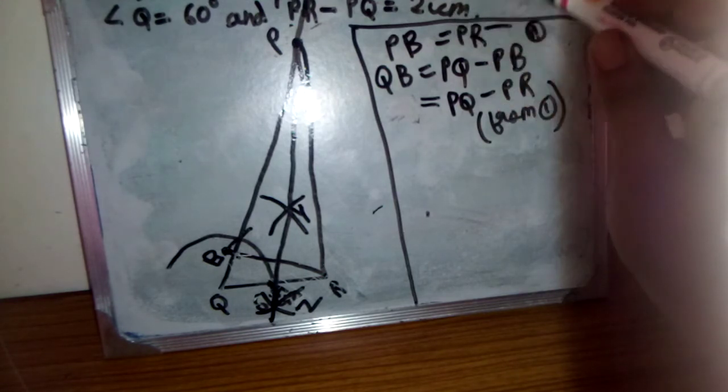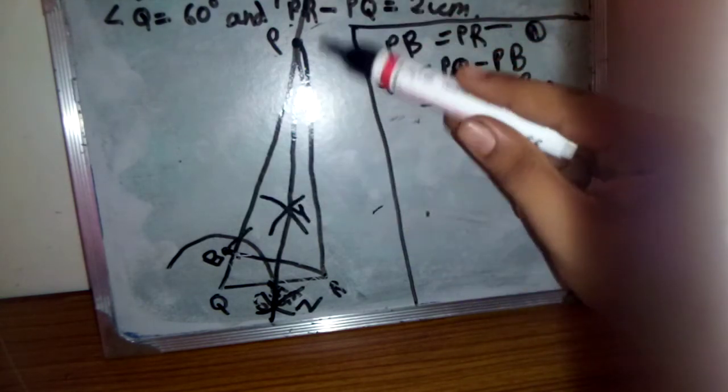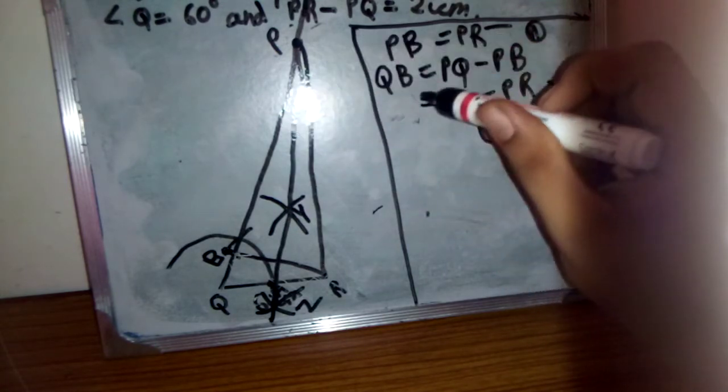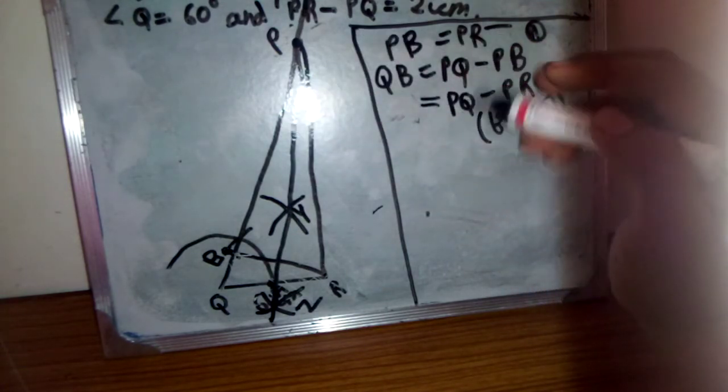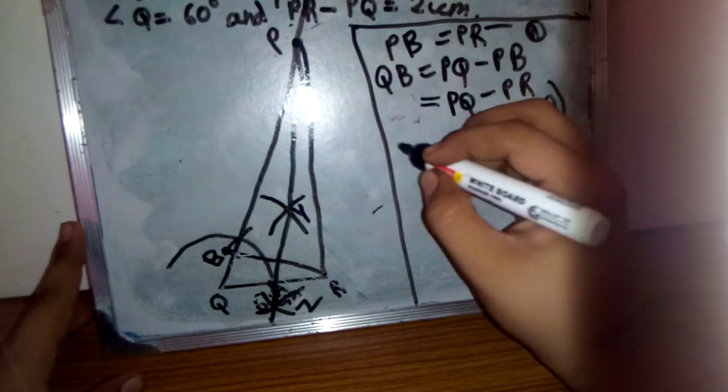So as you can see, PR minus PQ, the difference of two sides, is QB.